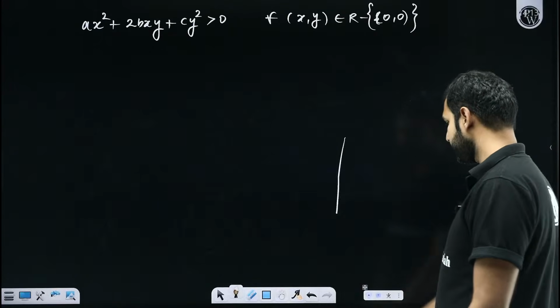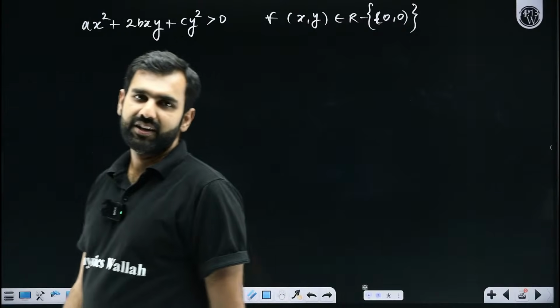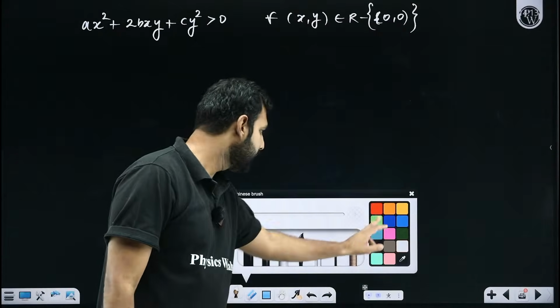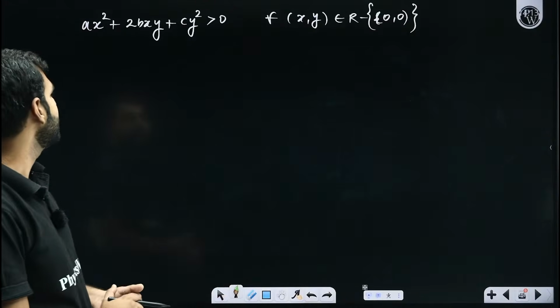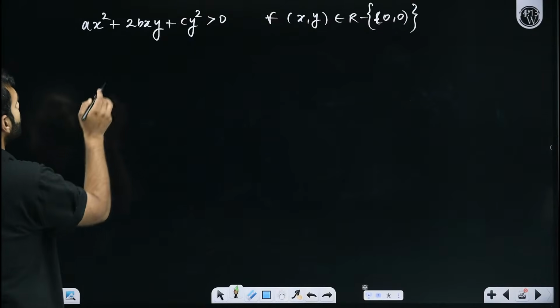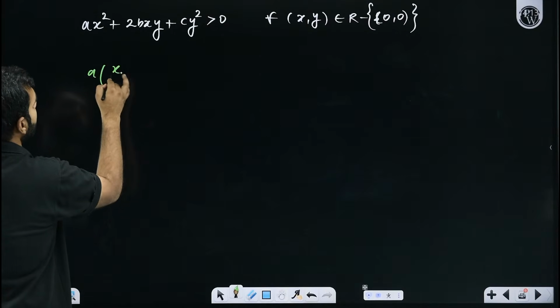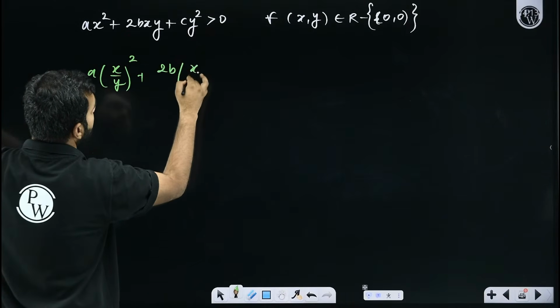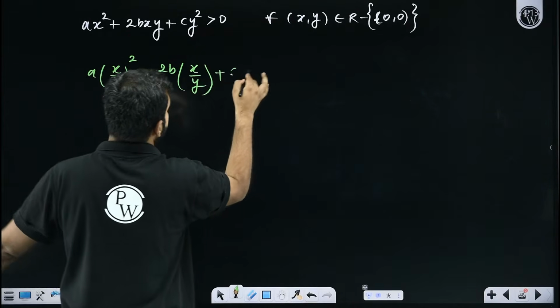Now, from here, all the participants, pay attention to this part. If this is said to be greater than 0, can I divide it by y square on both the sides? So it will be a (x by y) whole square plus 2b (x by y) plus c greater than 0.